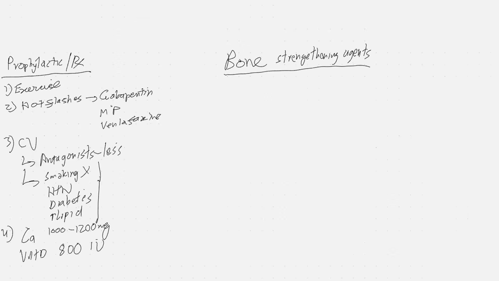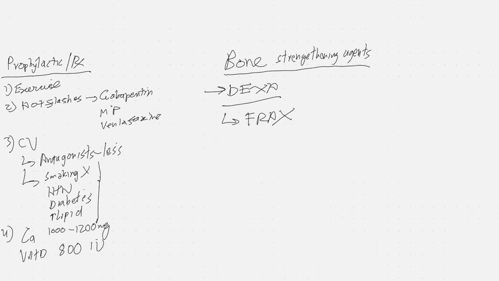Okay. We look at a DEXA scan, we look for the presence of any existing osteopenia or osteoporosis. And once we have taken the DEXA scan at baseline, then we calculate something called the FRAX score.